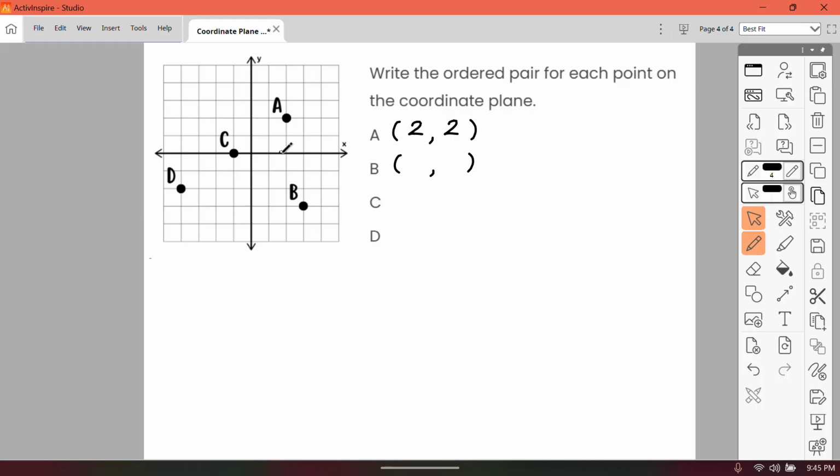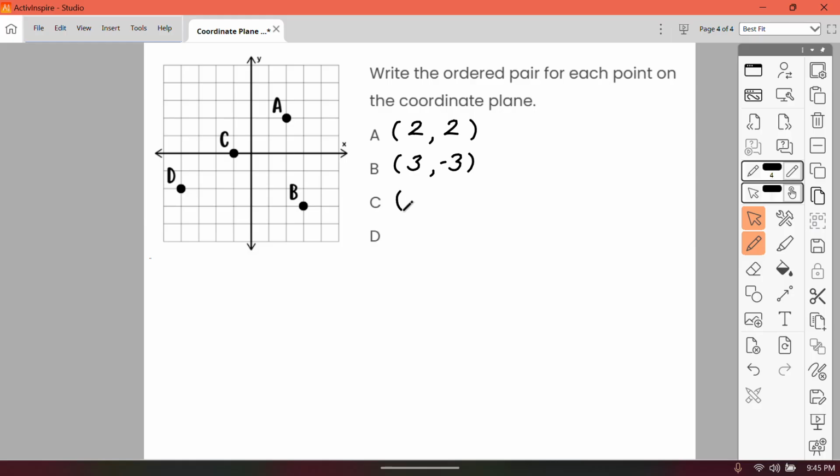I go right 1, 2, 3. So I'm going to put a 3 there. But then instead of going up, I go down, which means my y coordinate will be negative. So I go down 1, down 2, down 3. So that's -3.